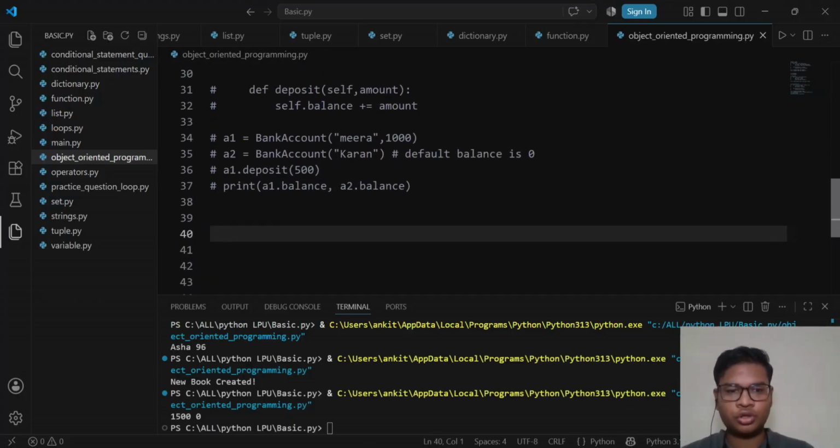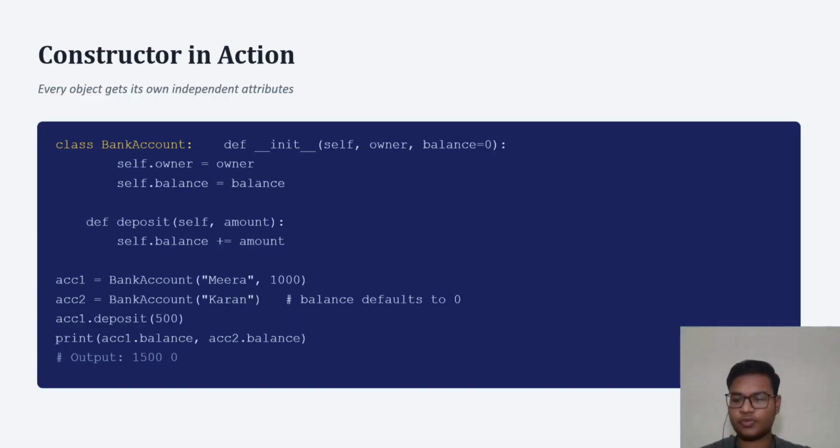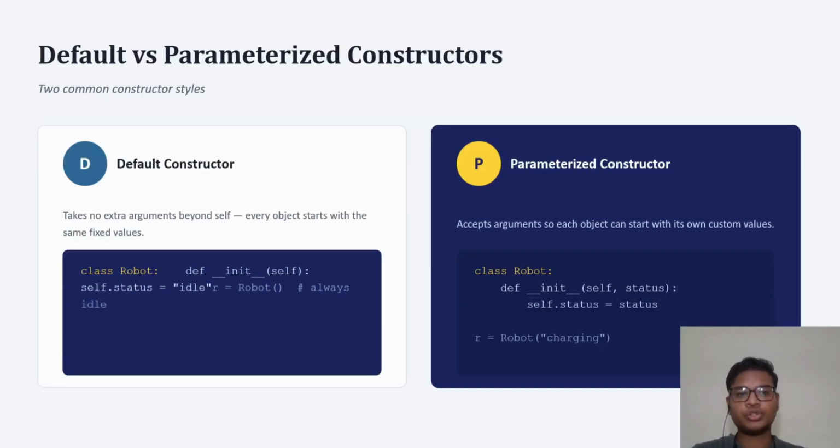Now let's move forward and talk about these two things. What do we mean by default versus parameterized constructor? Two common constructor styles are the default constructor and the parameterized constructor. A default constructor takes no extra arguments beyond self, so every object starts with the same fixed values.